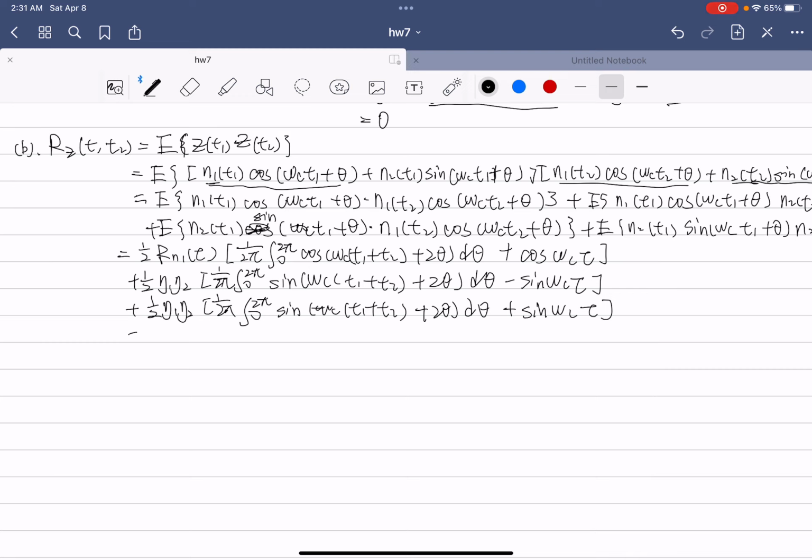Last part will be minus Rn2 half times 1 divided by 2 pi integral from 0 to 2 pi cosine omega c times (t1 plus t2) plus 2 theta d theta, then minus cosine omega c tau.